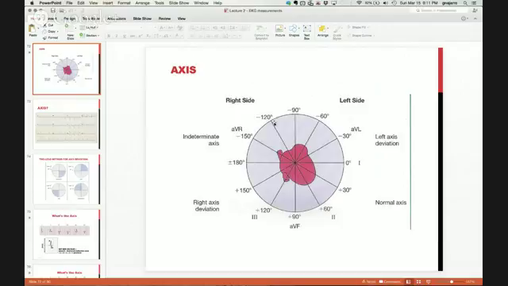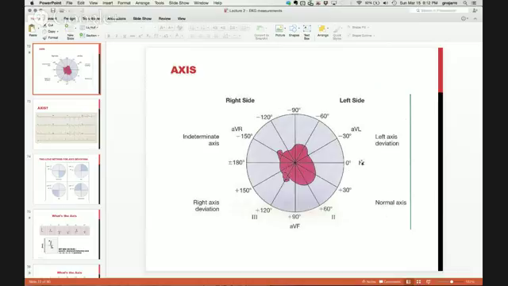Okay? So lead 1 points from here, from the west to the east. And AVF points from the north to the south, right, from top to bottom, so that your head is up here.